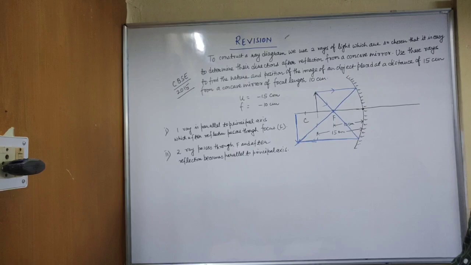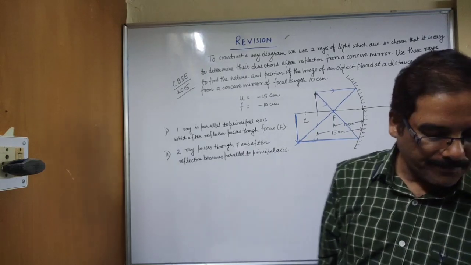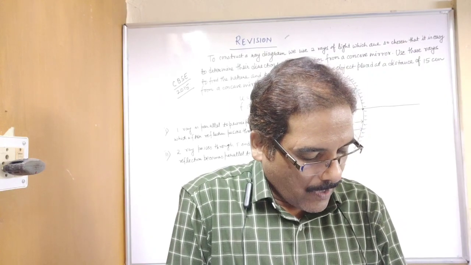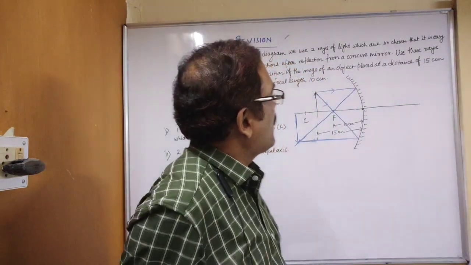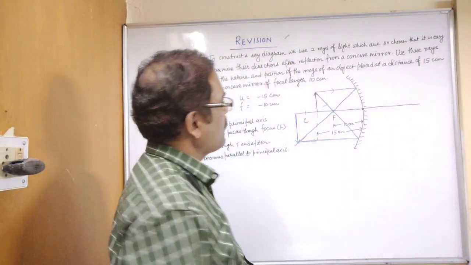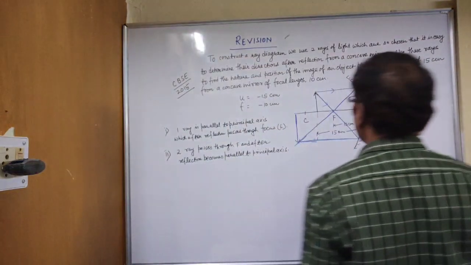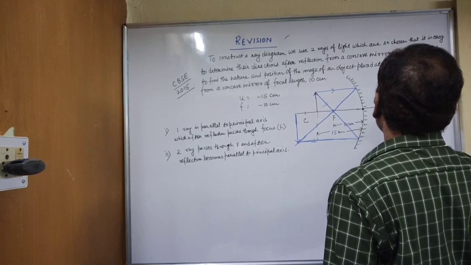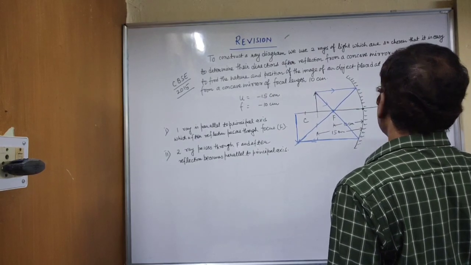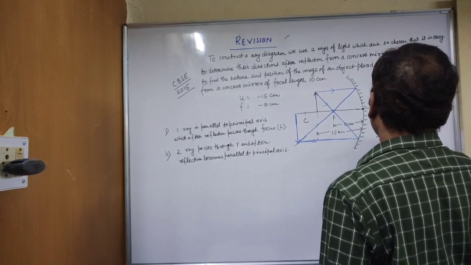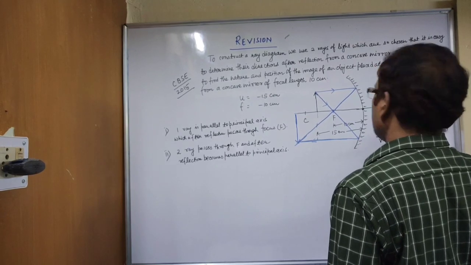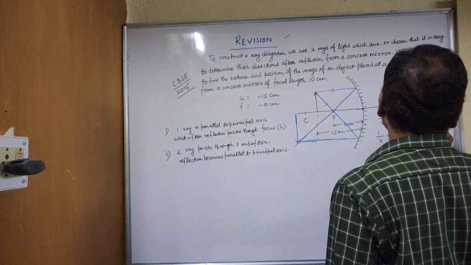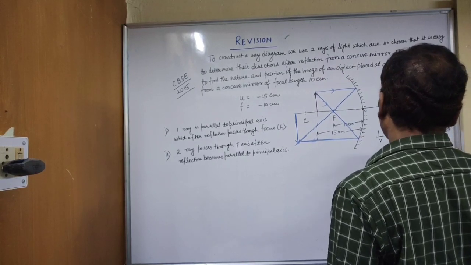And from a diagram we can say the nature of the image, or you can use the mirror formula to calculate v. So 1 by v plus 1 by u is equal to 1 by f. Here u is minus 15 and f is minus 10.